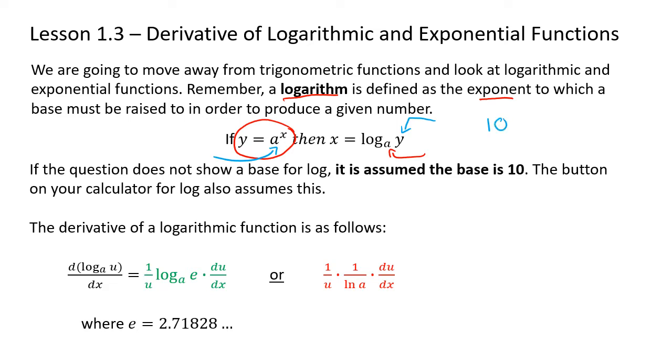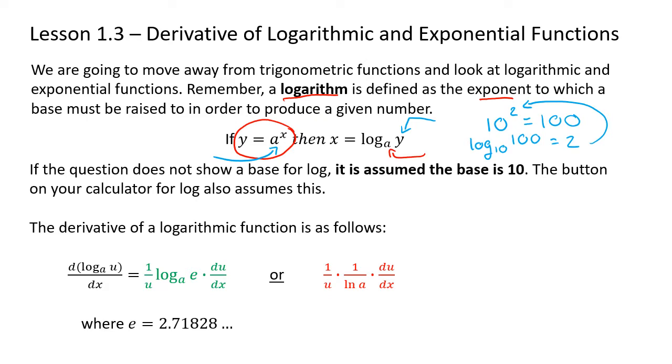So if you had 10 squared, 10 squared is equal to 100. How that would be set up is you would have the log, your base here is 10, and your number is 100. So if you go to your calculator and you type log 100, the answer you'll get is 2, which matches that exponent.